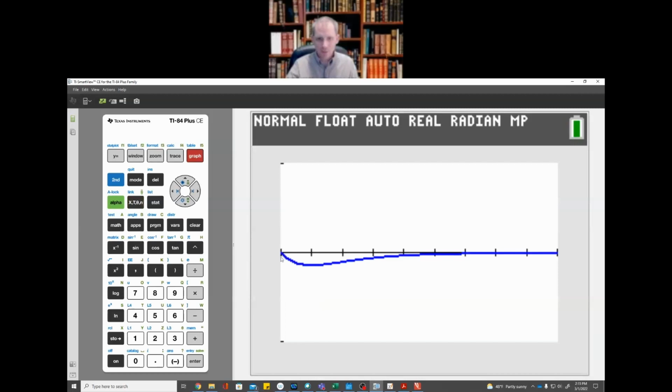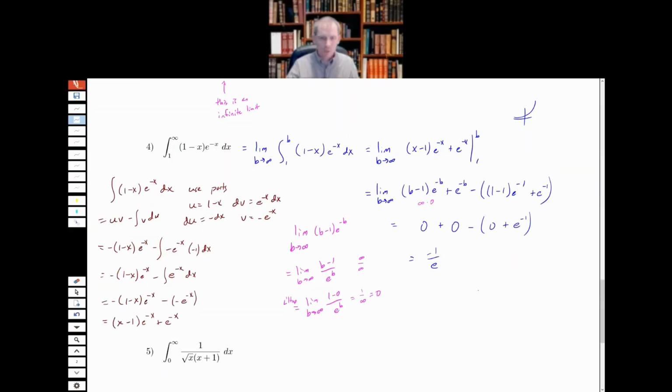And I can see that if I start at 1 and go out, and this only goes to 10, the graph is below the x-axis. So it makes sense that I get a negative number when I integrate. Okay, so I'd say, yeah, that looks good. So the integral from 1 to infinity of 1 minus x e to the negative x dx is equal to negative 1 over e.